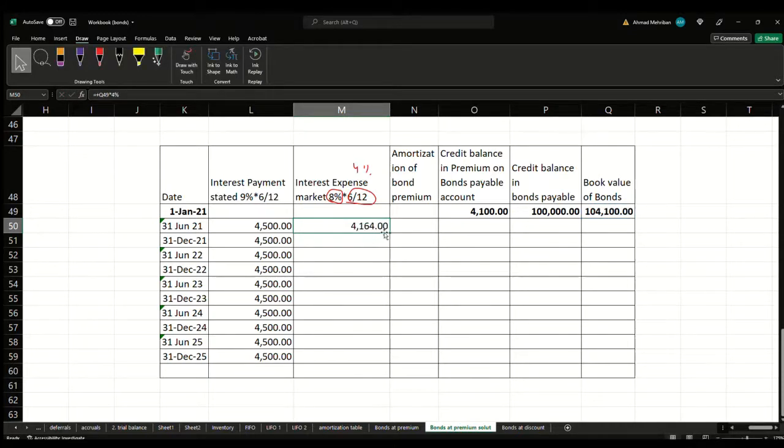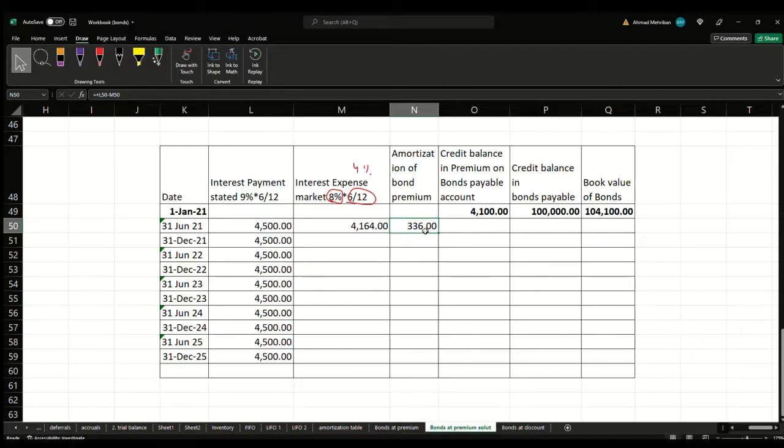Now the next thing to do is to find out what is the amortization of bond premium, and we will be journalizing. The amount in this case will be this minus this, which gives us 336.